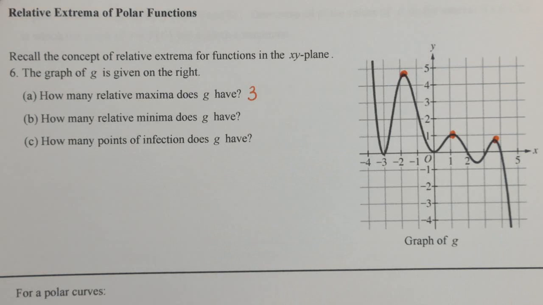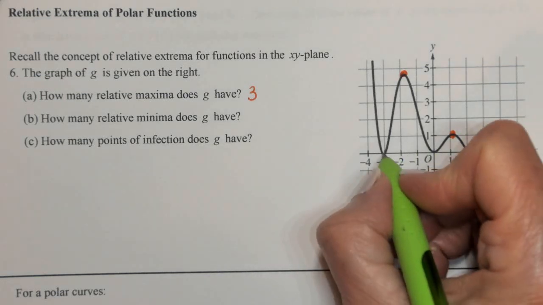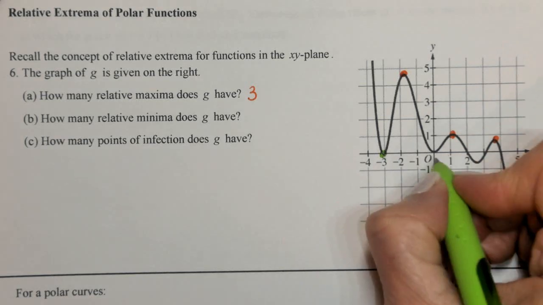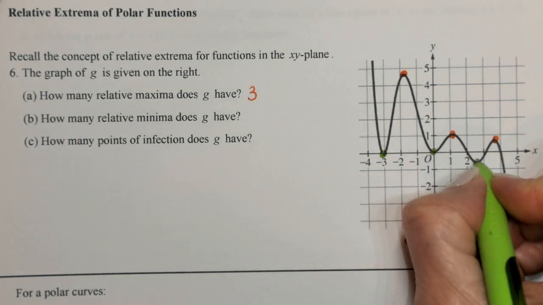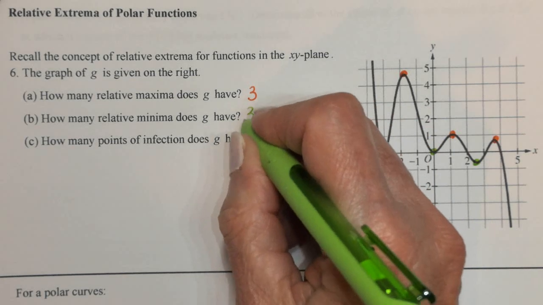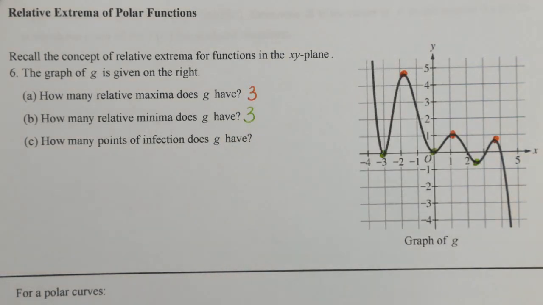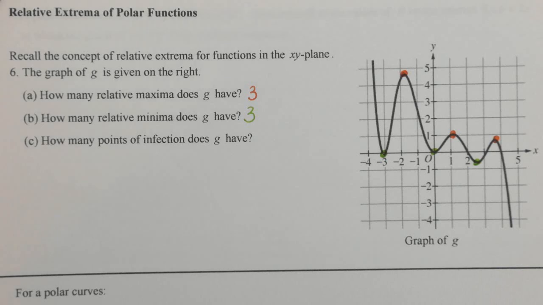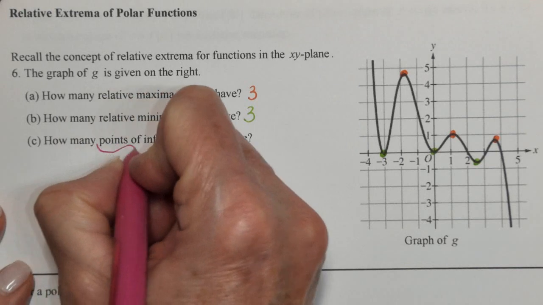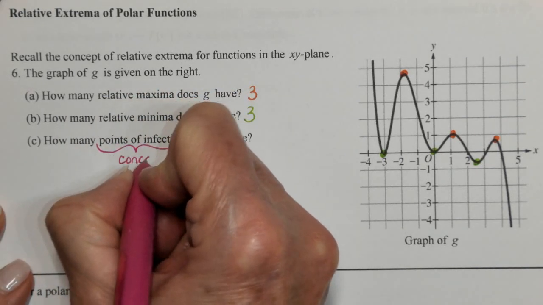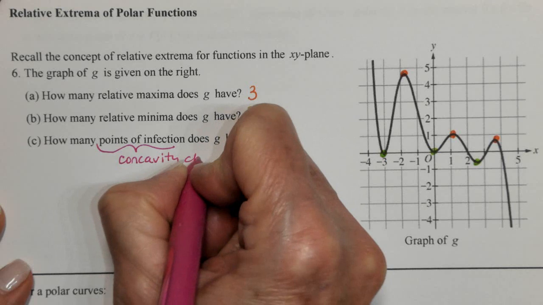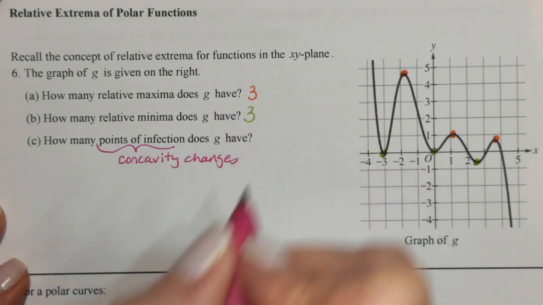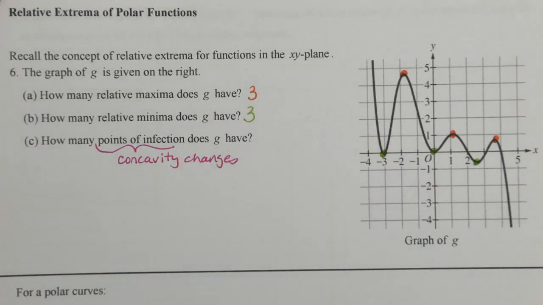How many relative minima does G have? G has a relative minimum there, and there, and there. So 3 of those as well. Since we're here, it's worth asking, how many points of inflection does G have? A point of inflection is where concavity changes from concave up to down or concave down to up, from like a cup to like a frown, or from like a frown to like a cup.